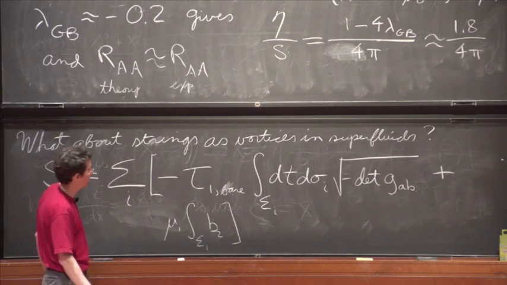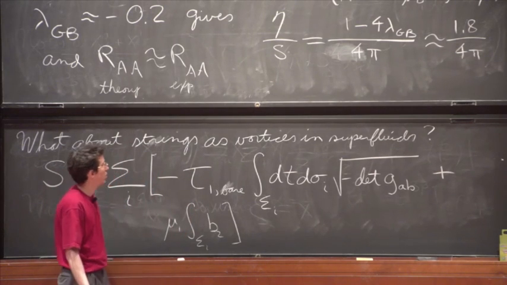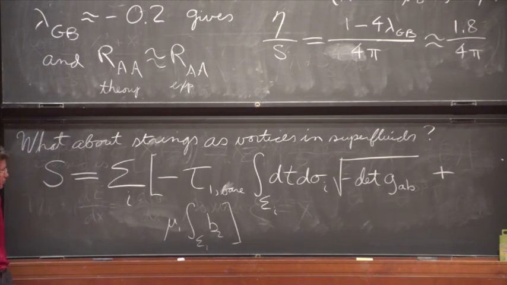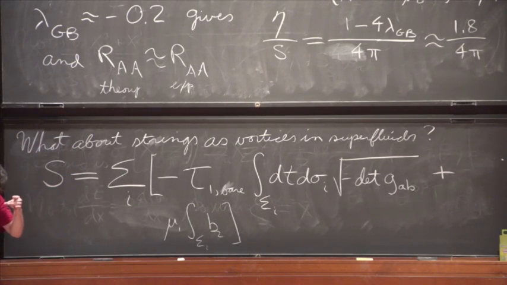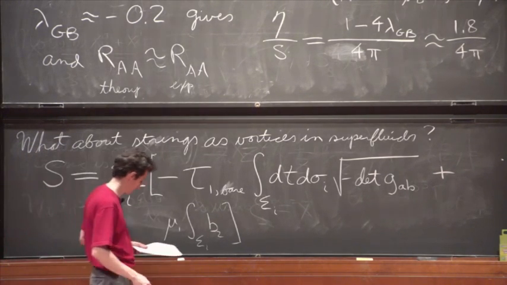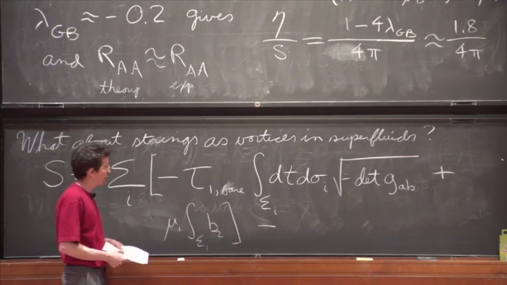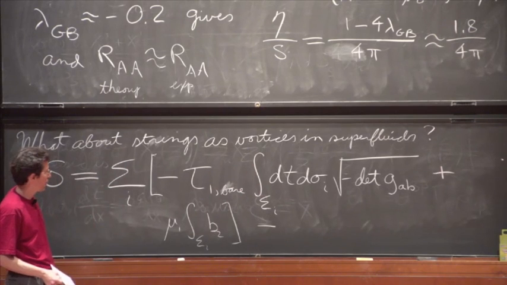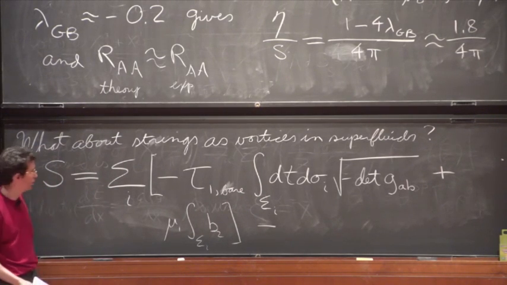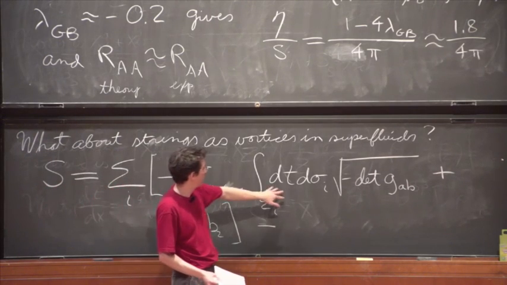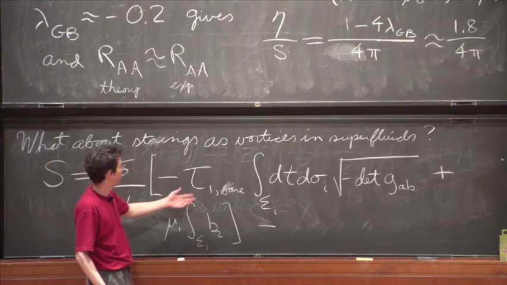What exactly do I mean by long length scales? Well, a superfluid vortex has some core size. In its core, the superfluid is destroyed and you have a little area of normal phase. And so what I claim is the right starting point, and I'm actually going to give you some indications on deriving this action, is to have some action which characterizes the dynamics that we don't fully understand about the core.